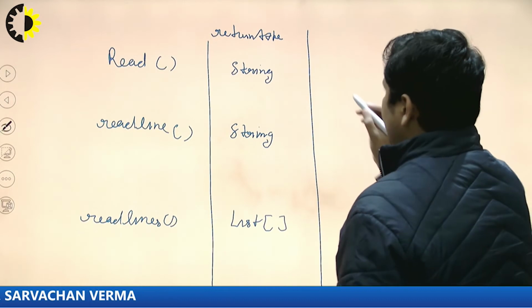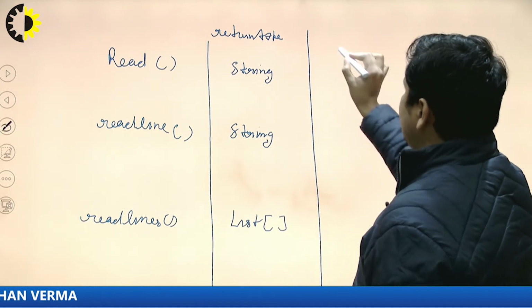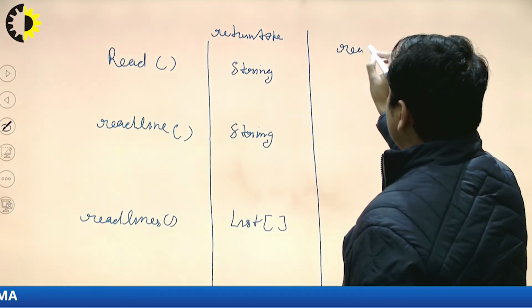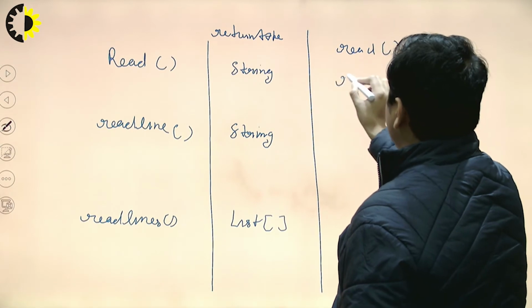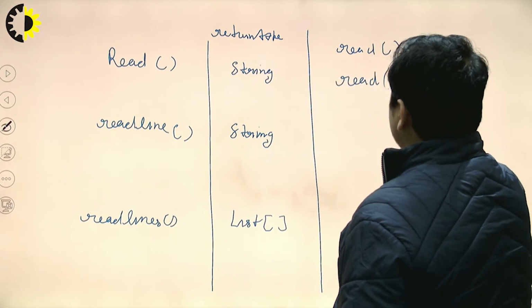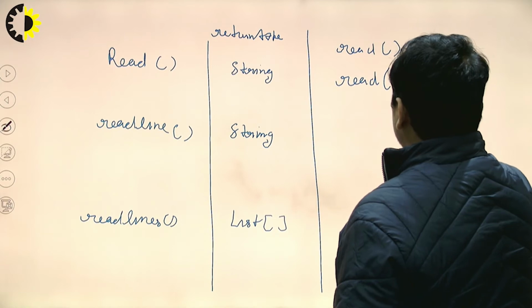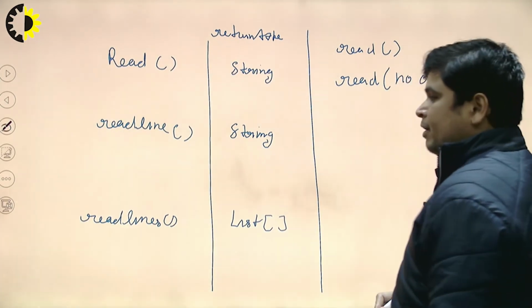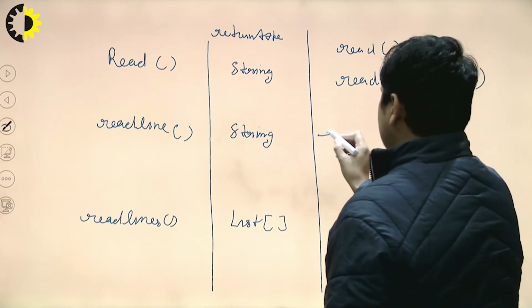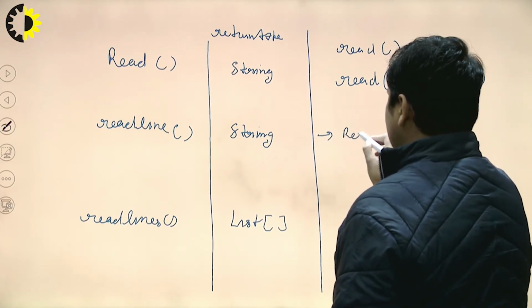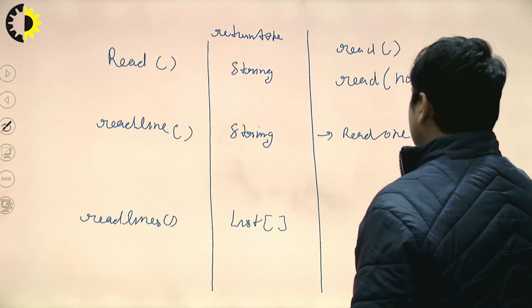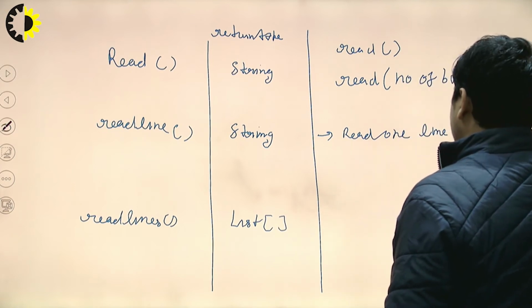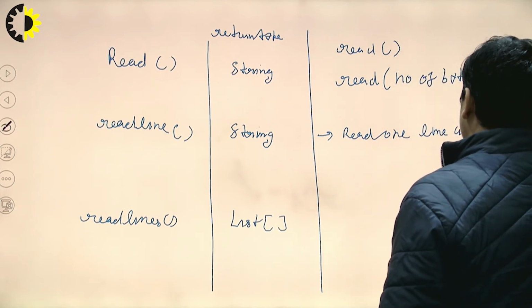Similarly, the read function has 2 syntaxes, read and read with number of bytes. Similarly, the readline function reads one line at a time.